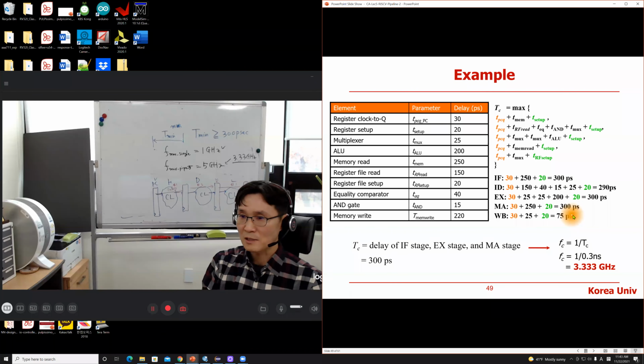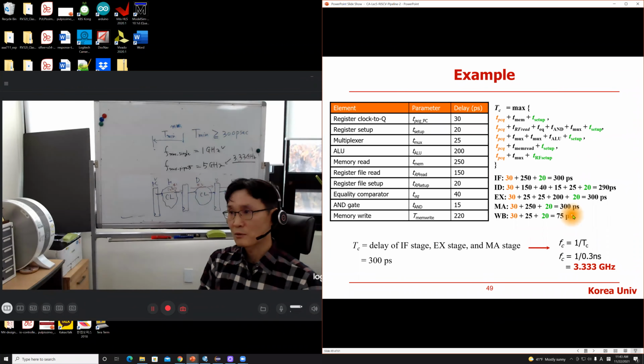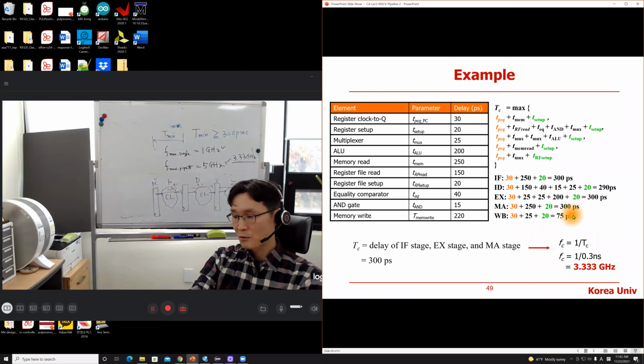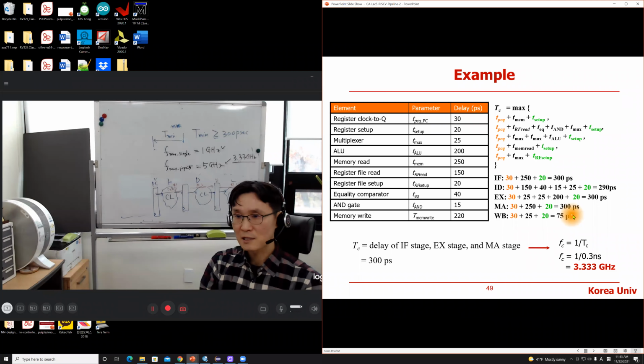It is not balanced, the same amount of time. So we have some design issue, right? We want to balance the pipeline to get the best performance from the pipeline, right? So that is the one remaining issue. That is a digital design issue, right?